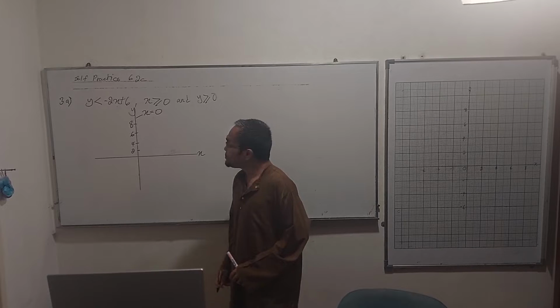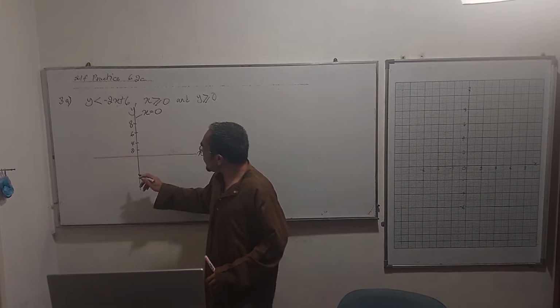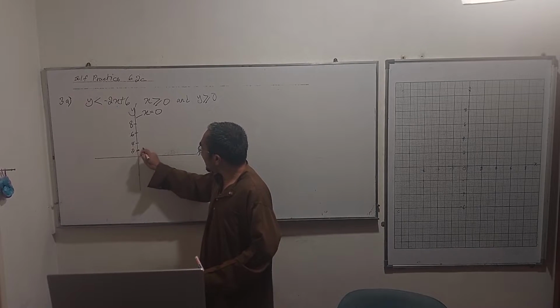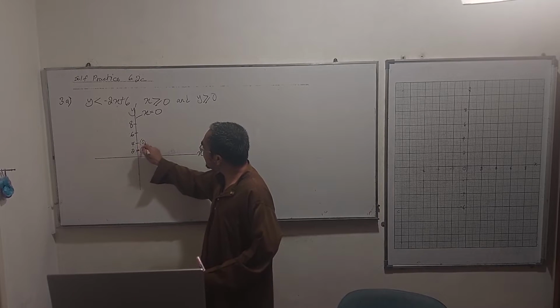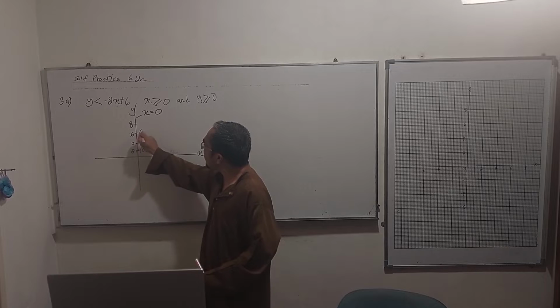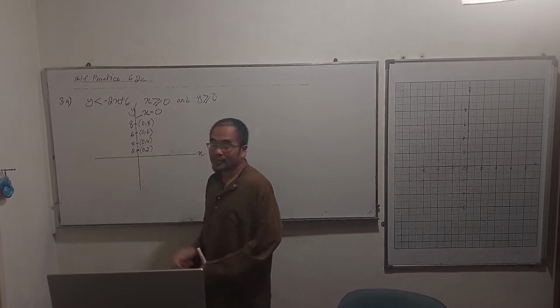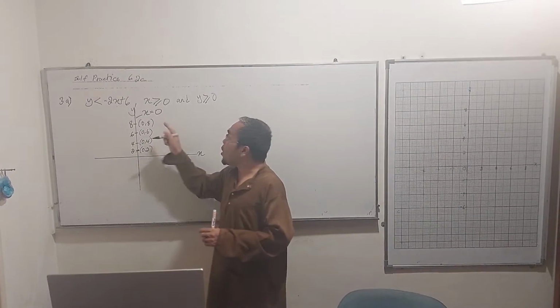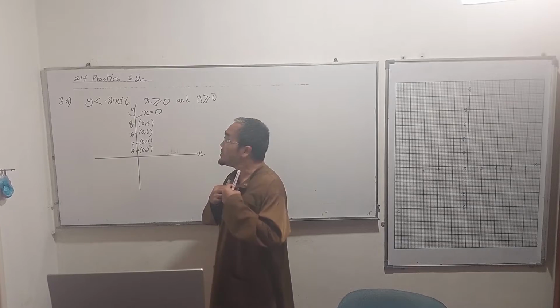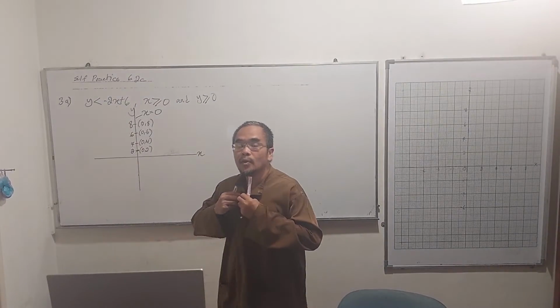For your info, the coordinate here is 0, 2, here is 0, 4, here is 0, 6, and here is 0, 8. That is why this line, the y-axis, is called x equals 0. Okay? You understand that?